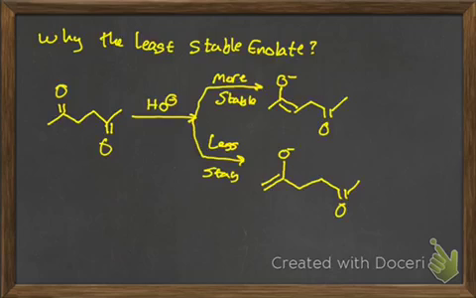All right. So the question becomes, why do we use the less stable enolate in our reaction, where the top enolate would be more stable because the alkene is more substituted? Well, the reason for this, let's take a look.